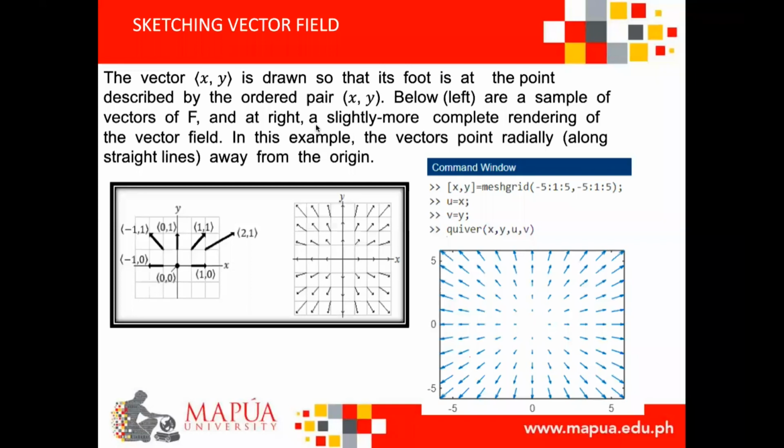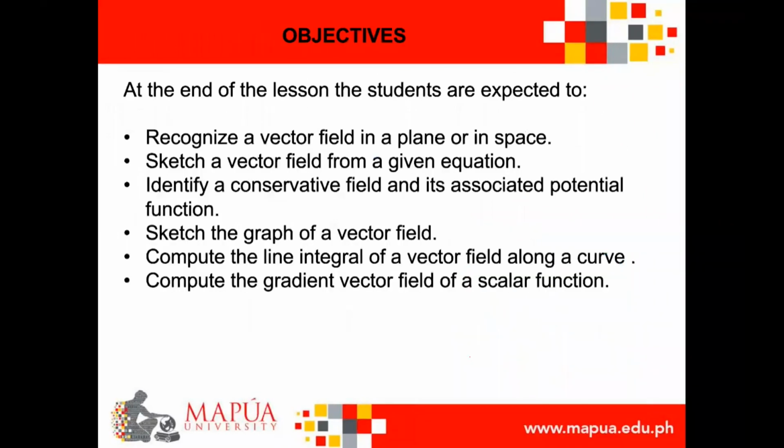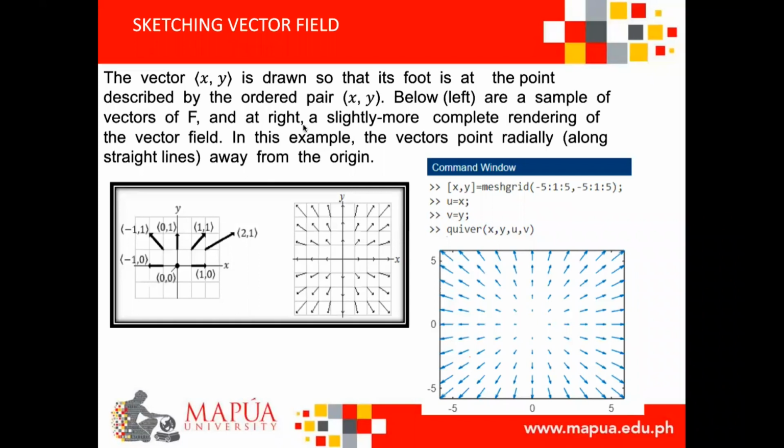We have seen the graph of the given vector field f of xy equals xy using point plotting. In here, we also have the command in MATLAB that will graph the given vector field.